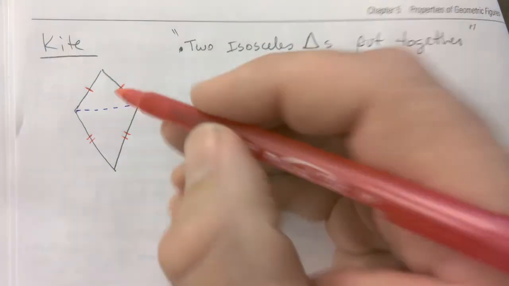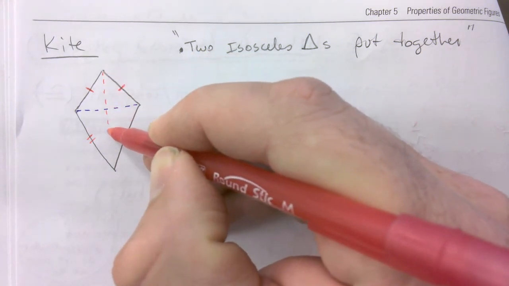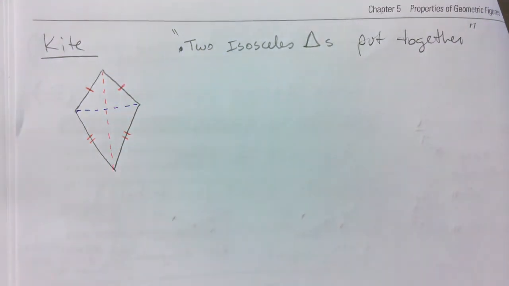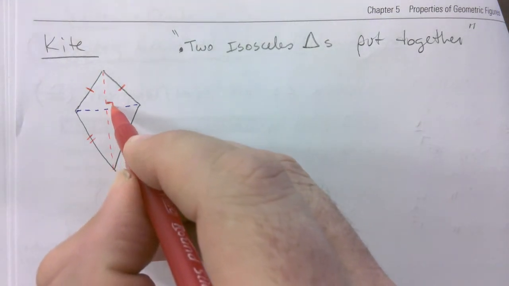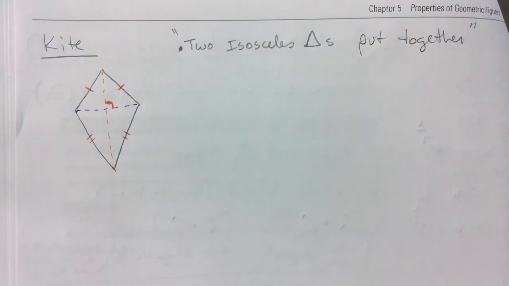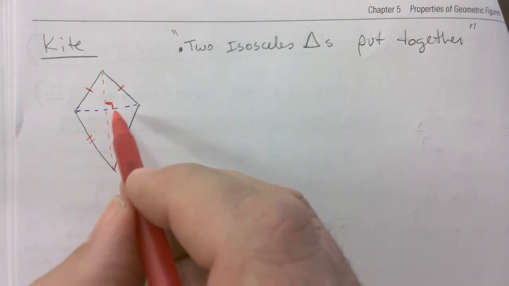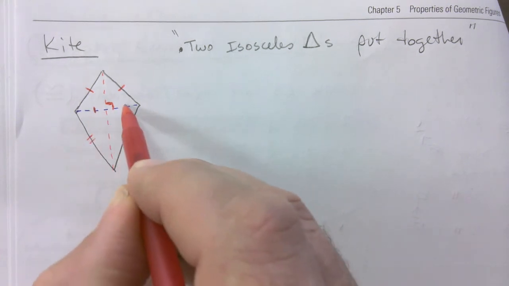And it has a diagonal going across. So diagonals are always going across from one corner to the other corner that's opposite to it. That's a diagonal. Okay? We know that they meet at a 90 here. No doubt about that. They're perpendicular. We also know that this diagonal here is bisected. Okay?